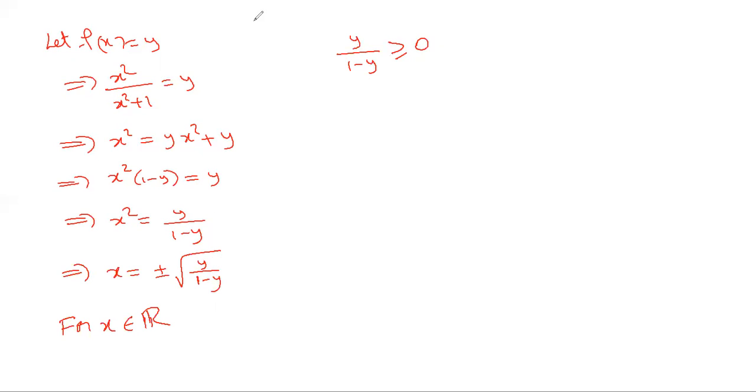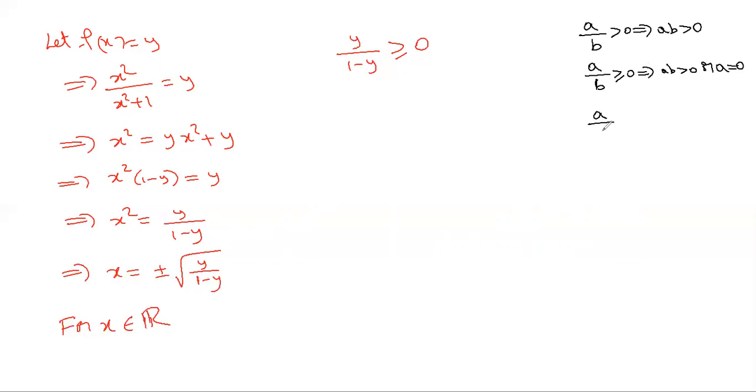In inequalities, a by b greater than 0 implies ab greater than 0. A fraction is greater than 0 only if the product of numerator and denominator is greater than 0. A fraction greater than or equal to 0 implies ab greater than 0 or equal to 0, with equality given only to the numerator, not to the denominator.